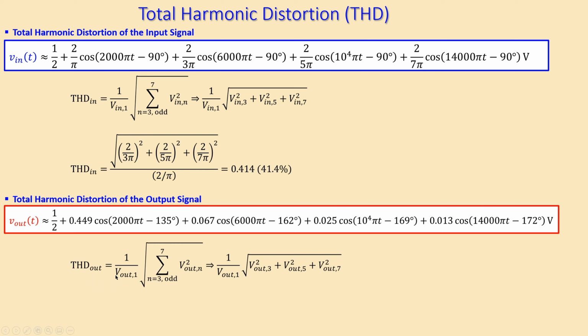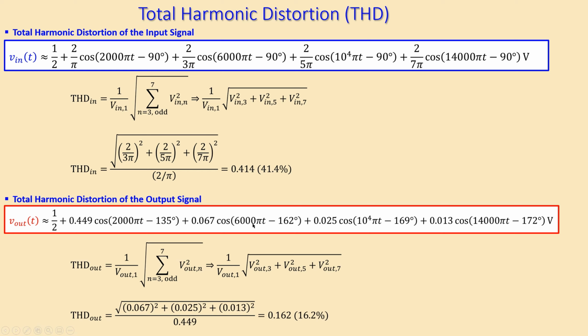Again, in a similar form, we do that for V out for the first harmonic amplitude, and you then calculate the squares of the third harmonic, the fifth harmonic, and the seventh harmonic, add them up, take the square root, and then divide that by the amplitude of the first harmonic.